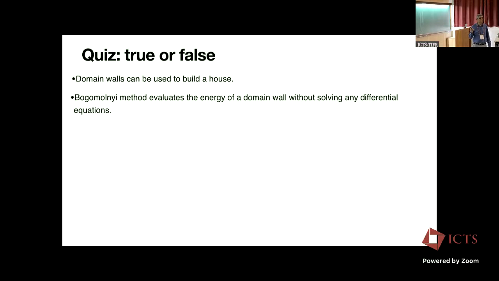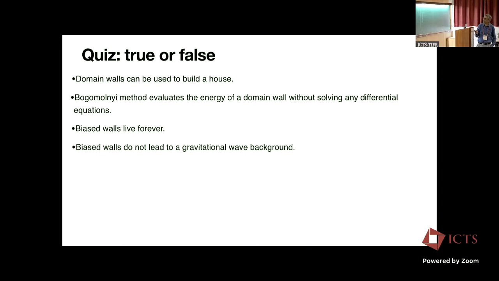So you can find the energy of this whole configuration without actually solving any differential equations. Biased walls live forever? False. Biased walls do not lead to a gravitational wave background? False, they move and give a background.